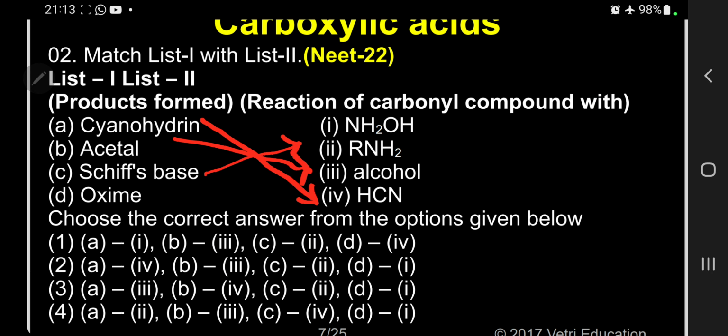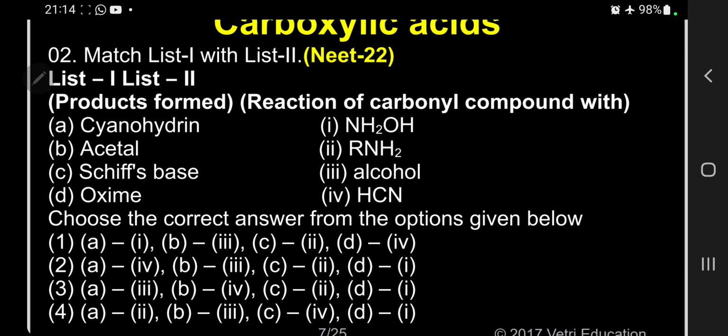And the last one, aldehyde and ketone will form oxime with hydroxylamine. So these are the options. See here now: A4, cyanohydrin HCN; acetal, alcohol, B3; then Schiff base, amine, C2; then oxime, D1.